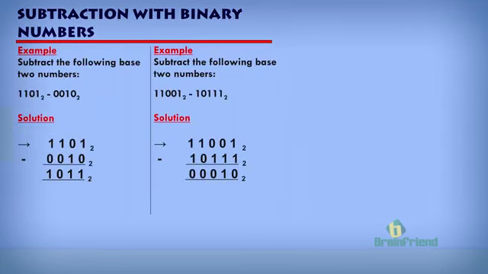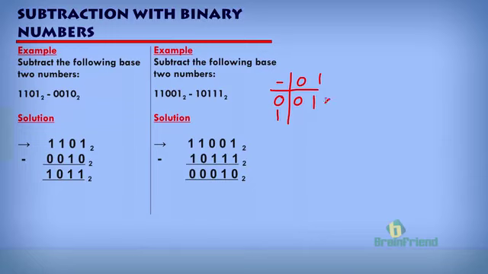Let's try to answer these 2 questions. Subtract the following base 2 numbers, 1101 base 2 minus 0010 base 2. Again, just as a tip, before you start, you can quickly jot down the rule somewhere so that you remember. Our operation is minus. We have 0 and 1. 0 minus 0, we said is 0. 0 minus 1, we said is 1.